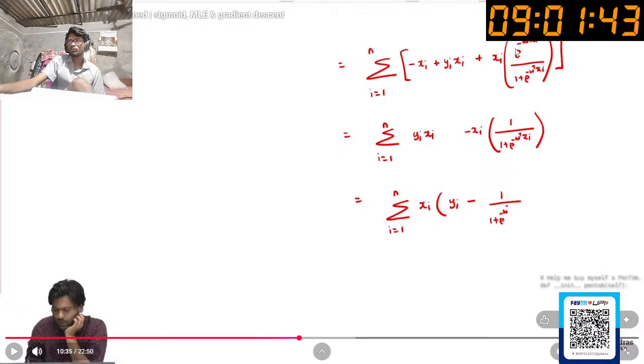The 1 will multiply, and there is a minus of this term, so the two values will cancel out in the numerator, and the denominator remains this only. I hope you got the point.